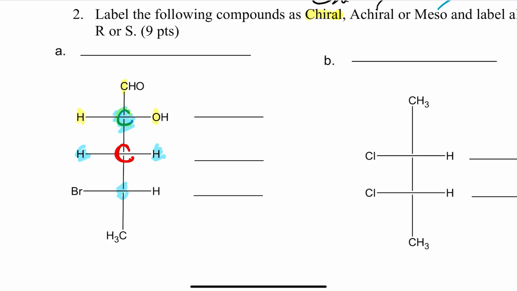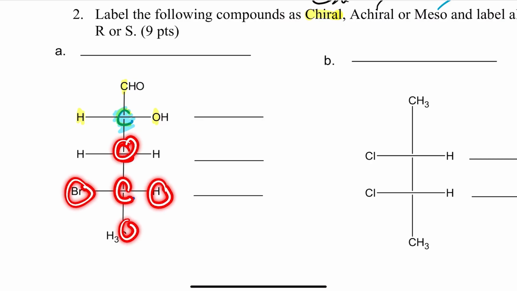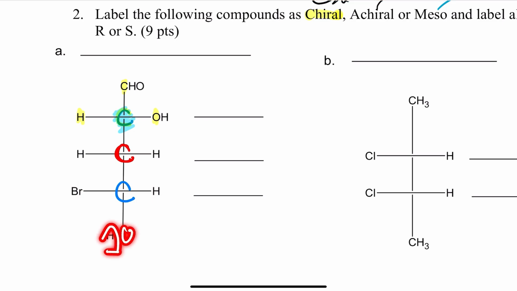All right. Now, let's look at the last one. This carbon is connected to a bromine, a hydrogen, and 2 carbons. This carbon's connected to 3 hydrogens. This carbon to 2 hydrogens and a carbon, so it's different.